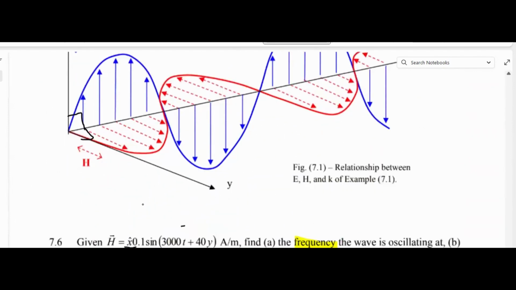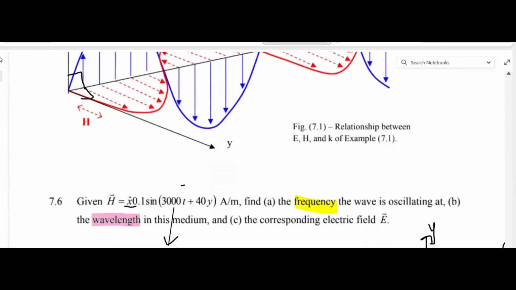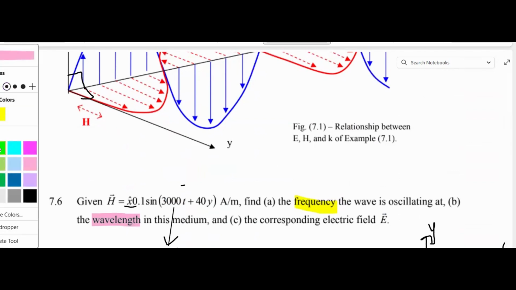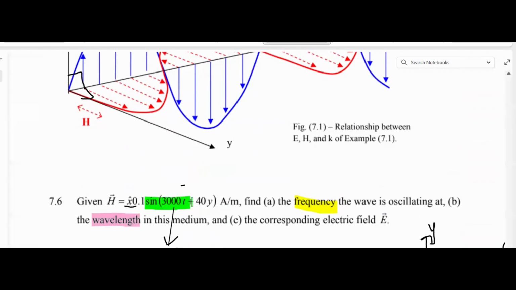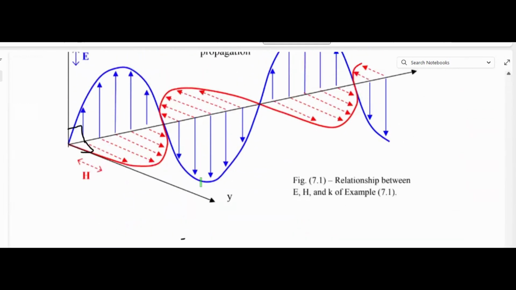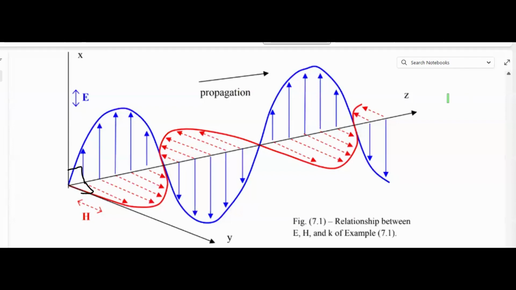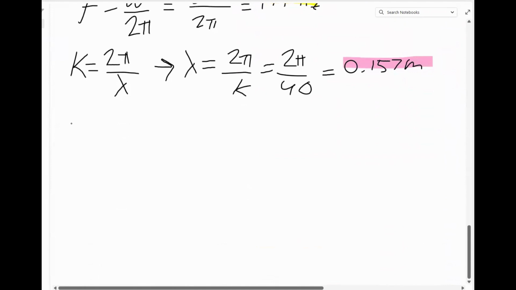So that means this part of the equation, let me highlight that, will be staying the same because the propagation direction is going to be the same. And since it's in phase, the frequency is also going to be the same. So let me rewrite this.